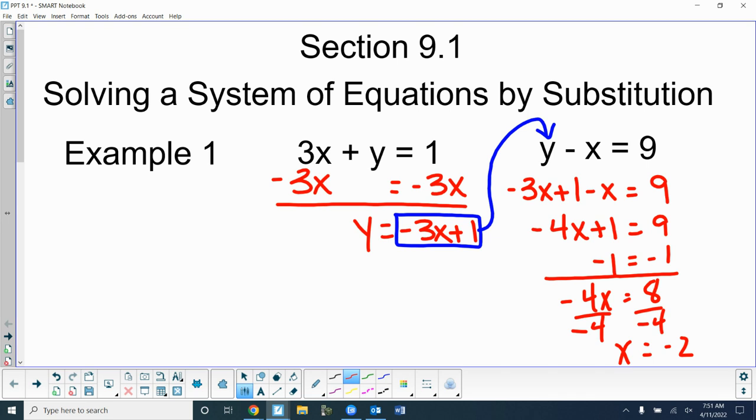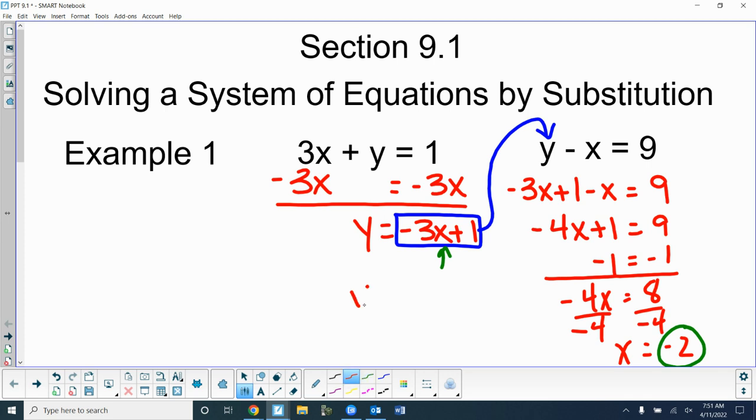So what I'm going to do now is take this negative 2 and plug it in for X right there. You can use one of the original equations if you want, but since I found X, I always go into the one where I know I have Y equals on the other side. So that's where I'm going to put it.